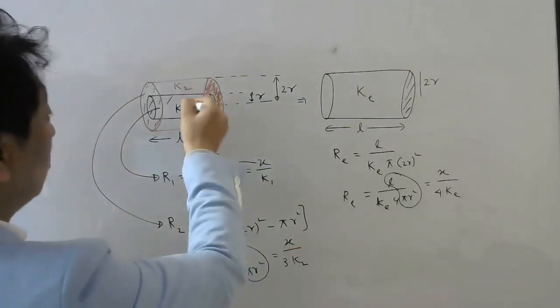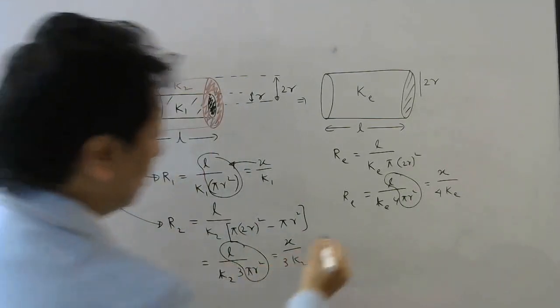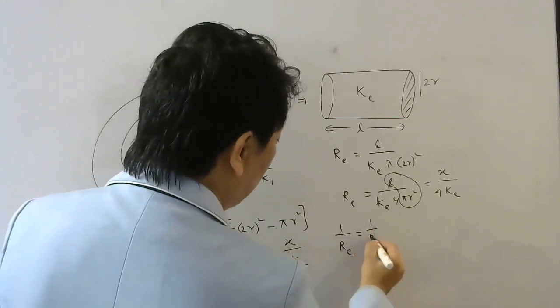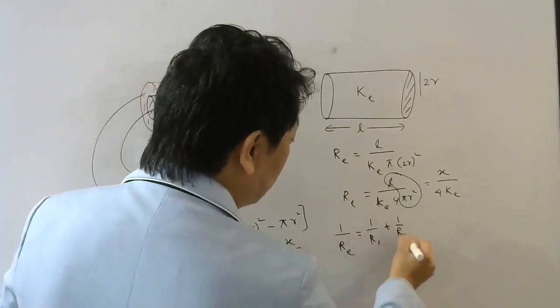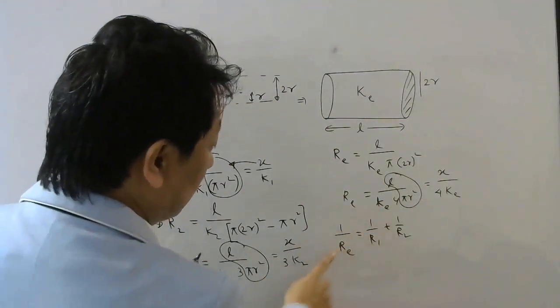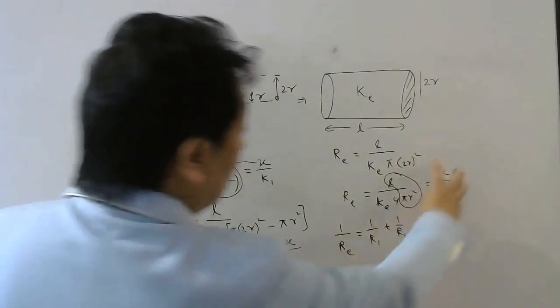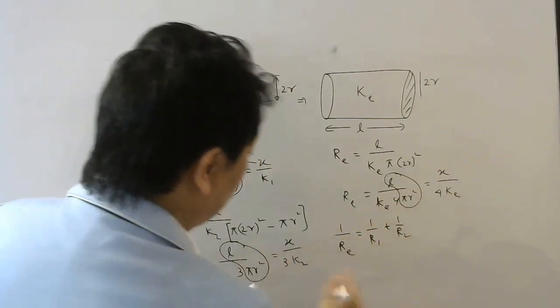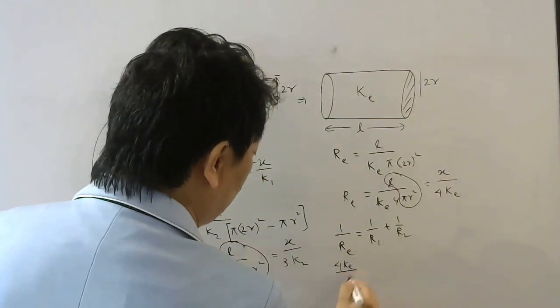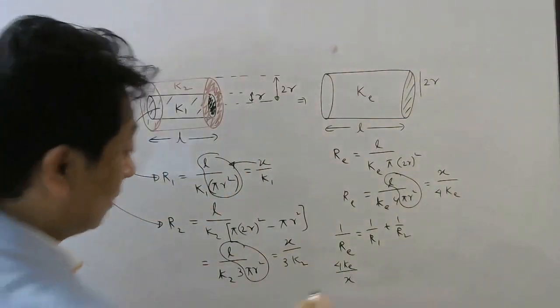Now what is the relation between R1, R2 and RE? You know these two rods are in parallel combination, so the total resistance RE, 1 by RE, should be 1 by R1 plus 1 by R2. Isn't it? So when you put this RE in the denominator, your 4ke will go in the numerator. So 4ke divided by x.